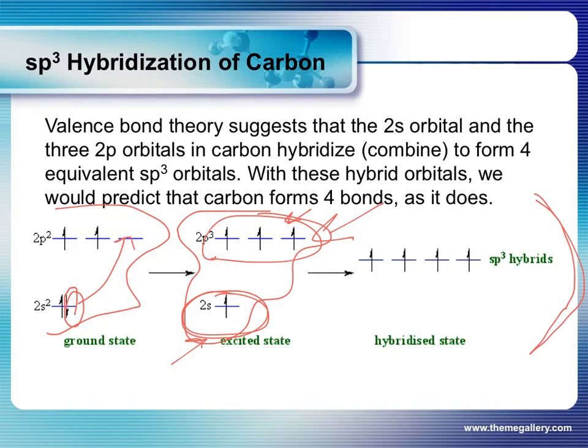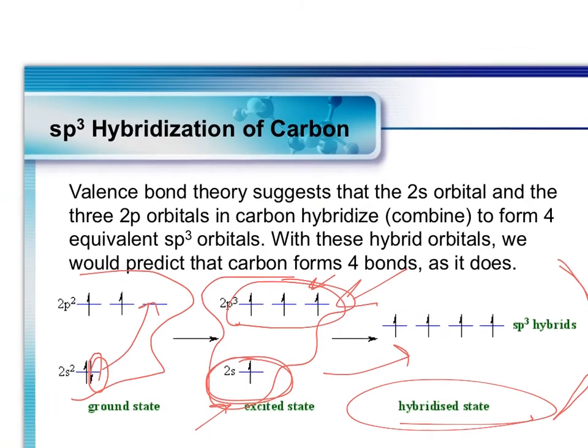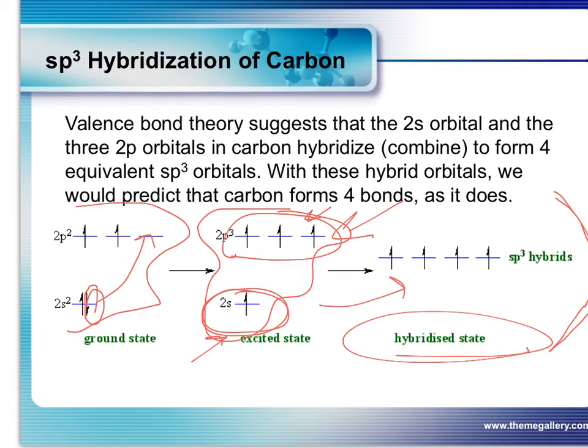There's no difference. So that's when Linus Pauling came up with the idea of hybridized orbitals. He said, okay, we're going to combine these orbitals, atomic orbitals, and make 4 identical orbitals, hybrid orbitals. I want you to, just for a moment, notice how these orbitals are named. sp3 hybrid. A couple things I want you to notice.